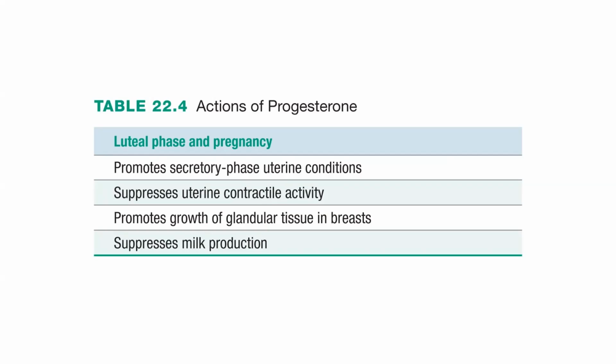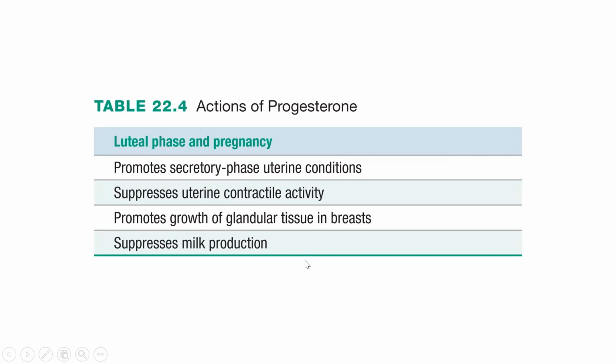So here we have the promotion of the secretory phase of the uterine lining, so thickening up of the uterine lining, the glands, the mucus, the thickness of the muscle, etc. We also see growth of the glandular tissue of the breast and suppression of milk production in preparation for gestation. So these are some of the changes that progesterone promotes.